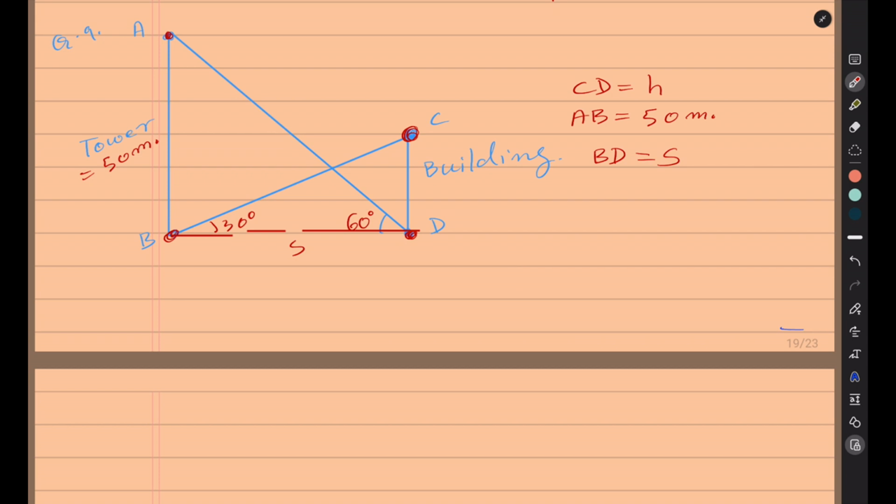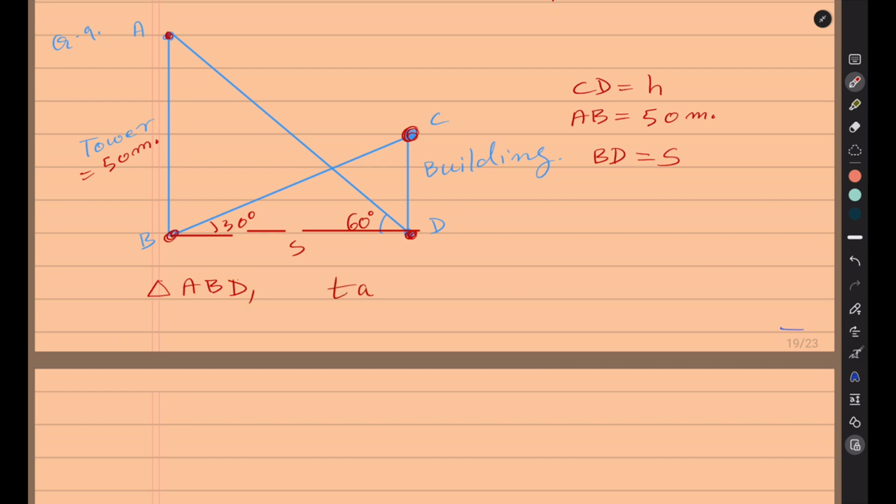It's an art of making equations and then trying to find what we need to find. S is a kind of temporary variable, but it is very necessary for defining our equation. Okay, so first of all, let us take this triangle ABD.